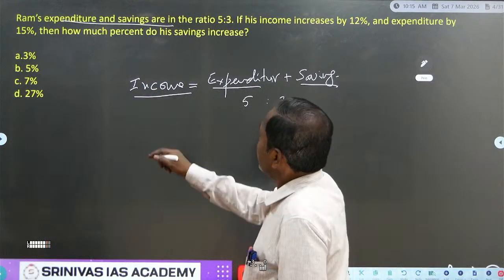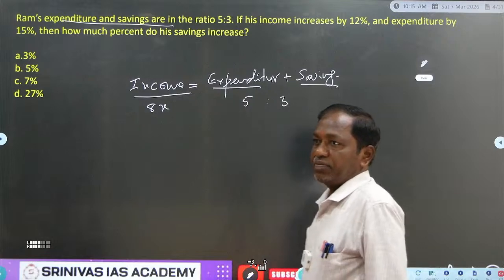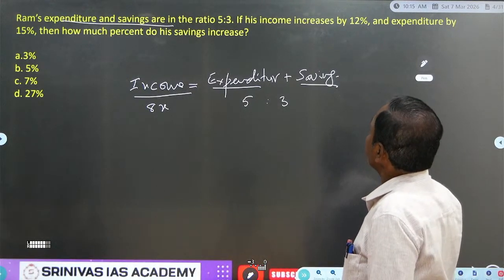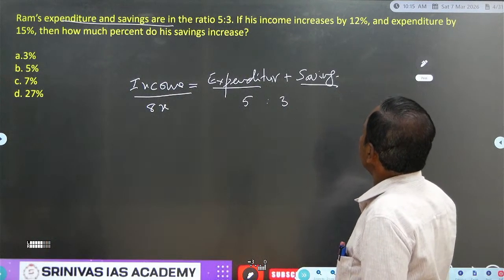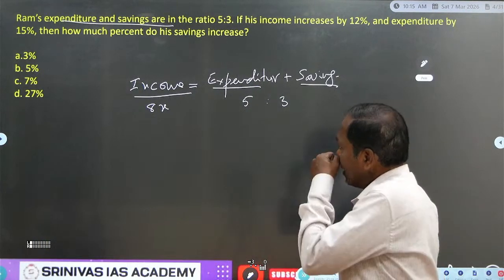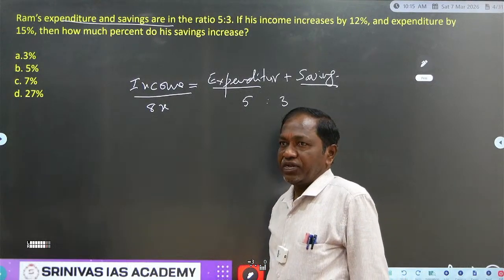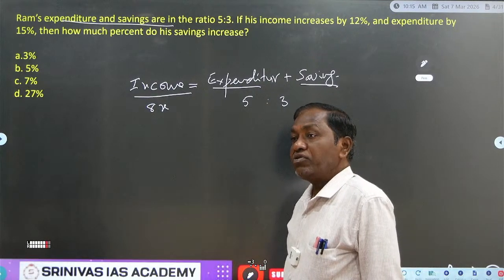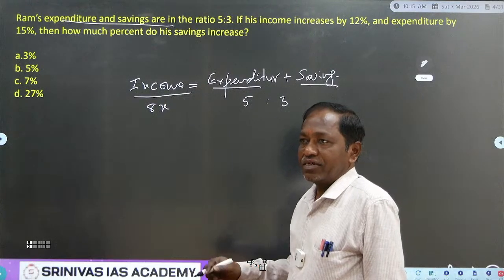Then what is the total income? You can say 8x, 8 ratios put together. Everything is in ratios, so we have to convert into hundreds or thousands or lakhs or millions.